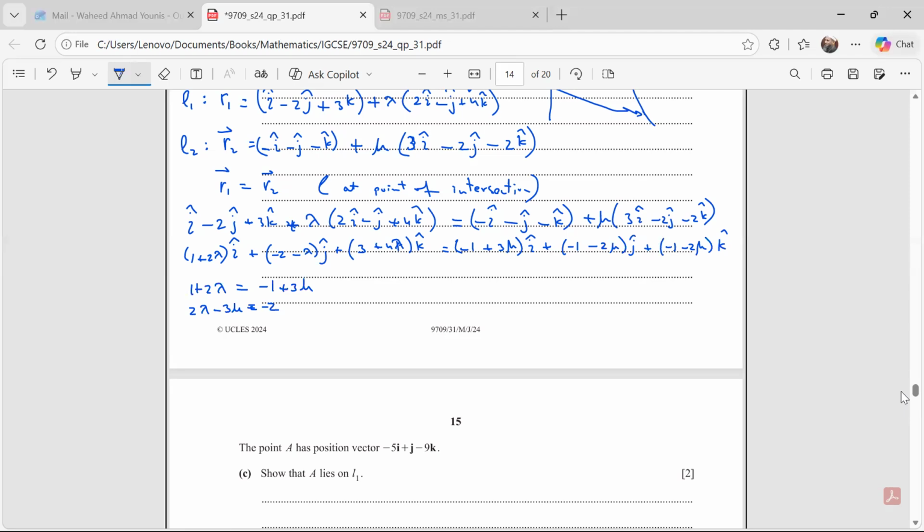So I make one linear equation in lambda and mu. In the same way, if I compare the j part, then minus 2 minus lambda must be equal to minus 1 minus 2 mu. So from here you can see that lambda minus 2 mu is equal to minus 2.